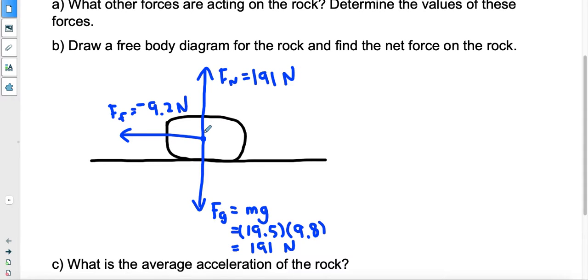If we assume up to be the positive direction, then down would have to be the negative direction, so we'll put a negative in front of the force of gravity. Again, the reason we have the negative there is just because we're assuming up and forward is the positive direction, so the opposite directions have to be negative.